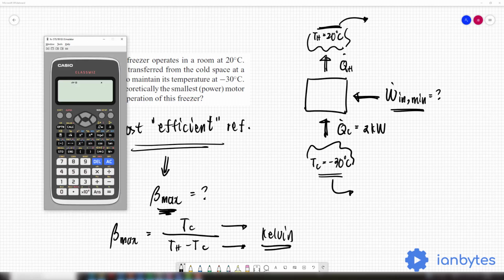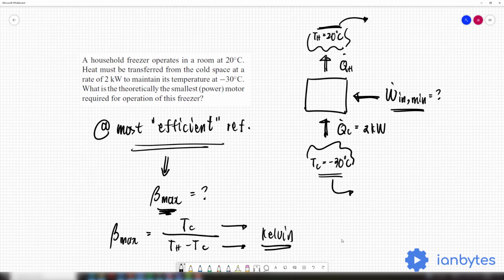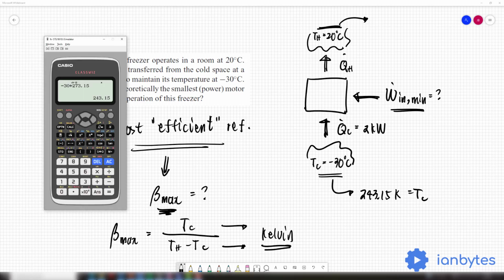We have negative 30 degrees Celsius plus 273.15. That will give us a temperature of 243.15 Kelvin. That is for TC. And finally, for TH, we have 20 degrees Celsius plus 273.15, and that gives us 293.15 Kelvin.